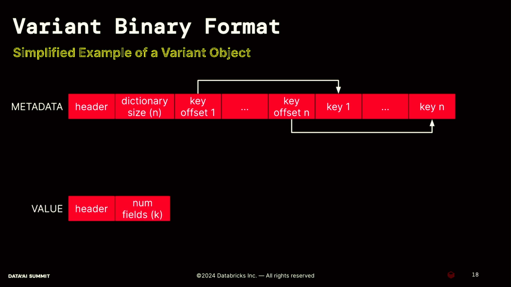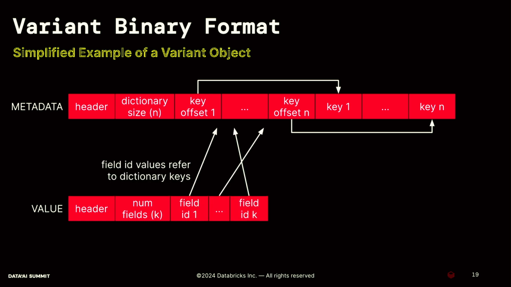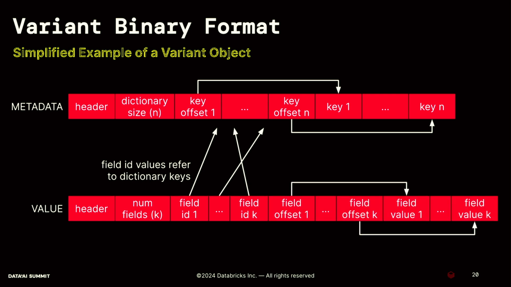The value blob also has a header, followed by the number of fields. It then contains a list of field ID values, which refer to the dictionary keys. We use these ID values as indices to get the field names from the metadata. It then contains a list of field offsets and the actual field value data. The offsets point to locations of the corresponding field value.